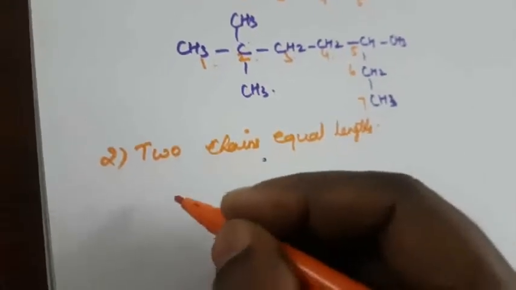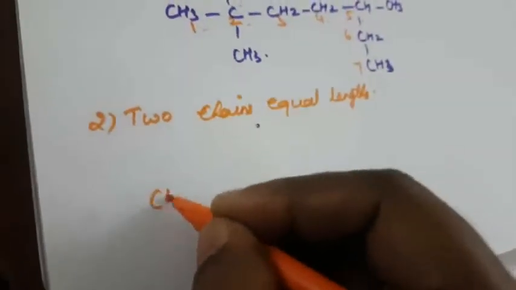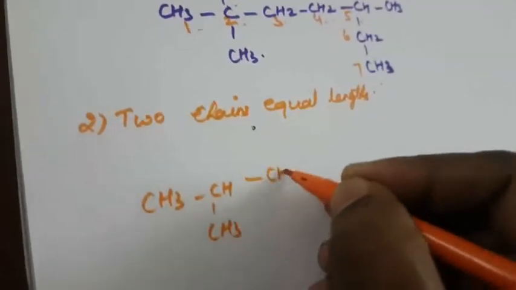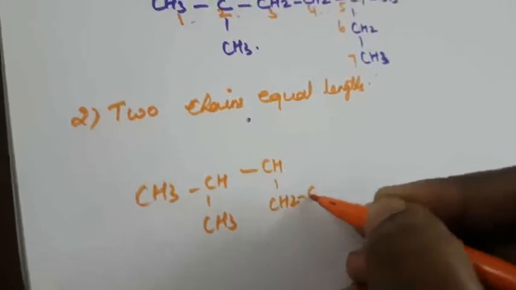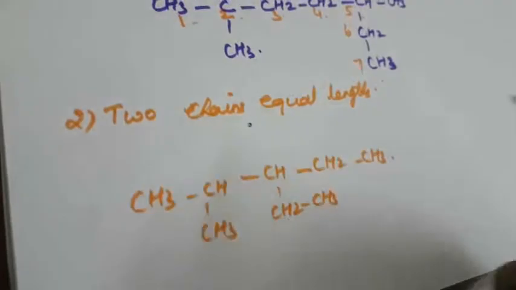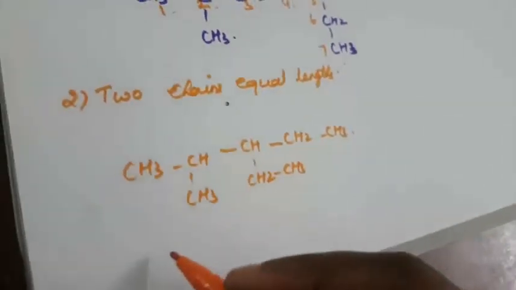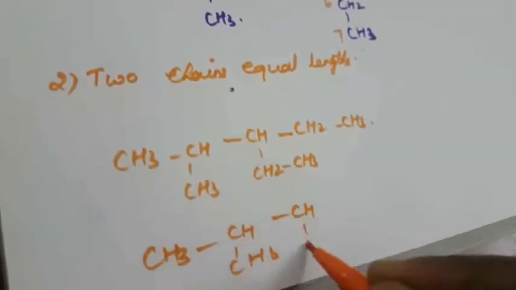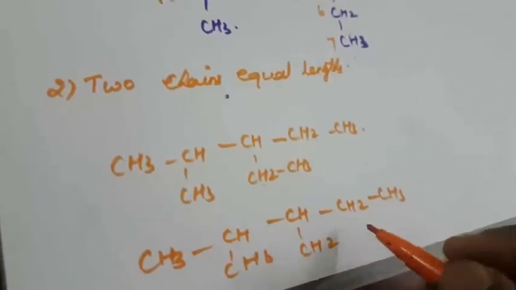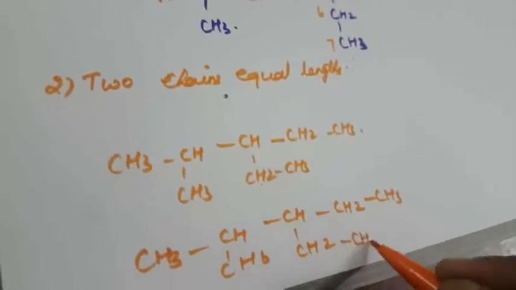First example: CH3, CH, CH3, CH, CH2, CH3, CH2, CH3. Another example: CH3, CH, CH3, CH, CH2, CH2, CH3, CH2, CH3. Which side do you give the priority?